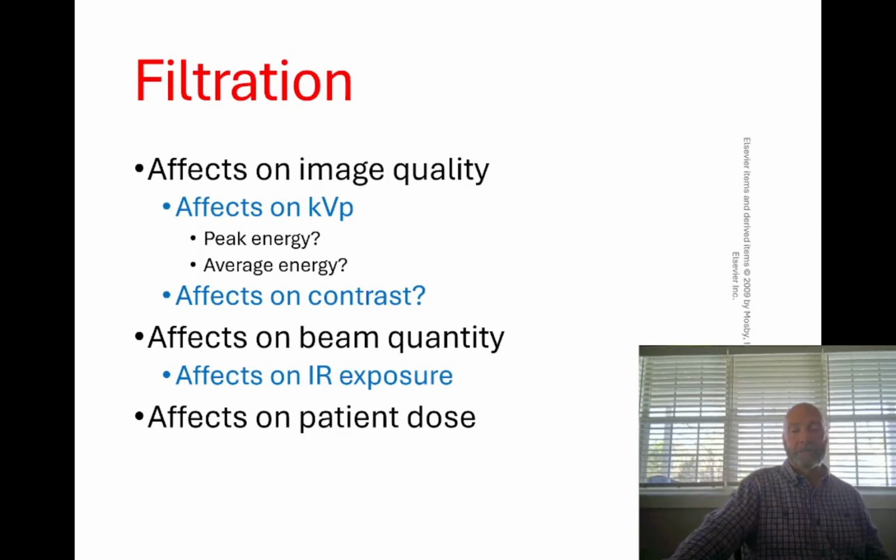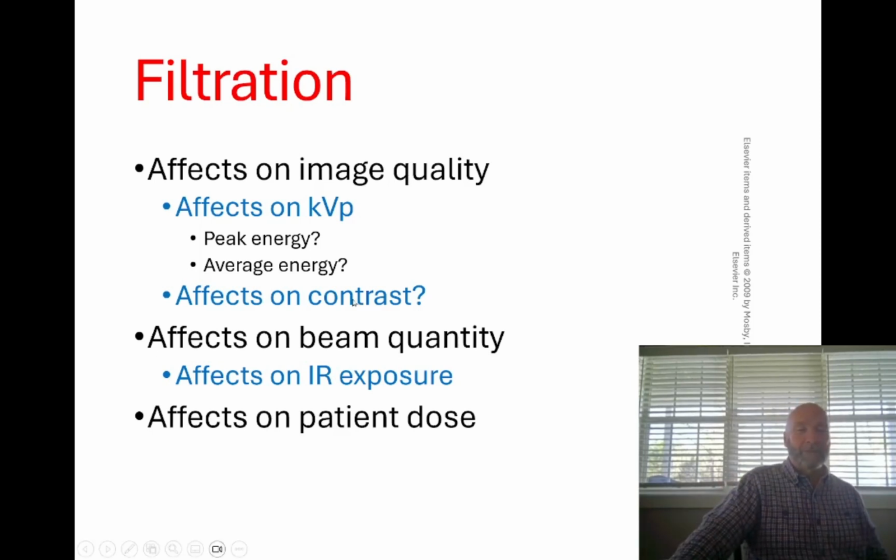I like to use the example in class that if you were to have 10 test grades, and let's say your average was 80, and we threw out the lowest test grade so that now you have 9, your average would increase. So it's kind of the same thing by eliminating low energy X-ray photons. What we do is we get a higher average.